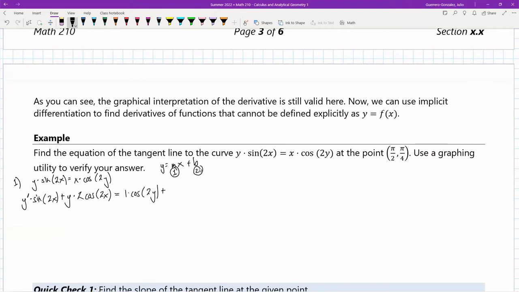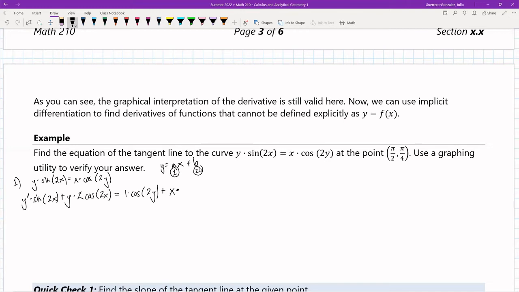So this is going to be x times the derivative of the second.